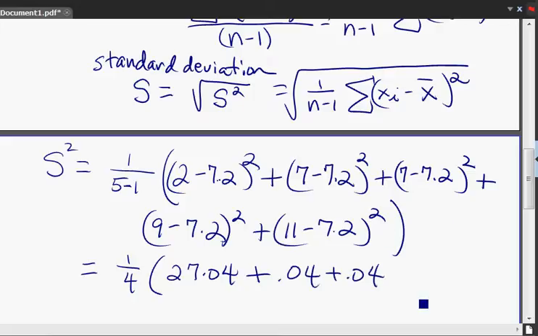That one's in there twice. 2.2 squared is 4.84. 4.2 squared is 17.64.